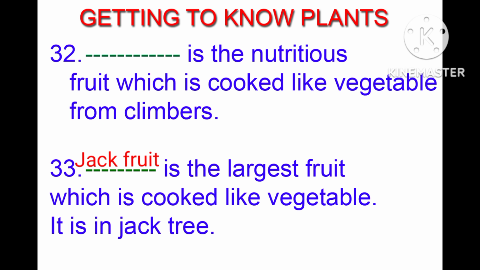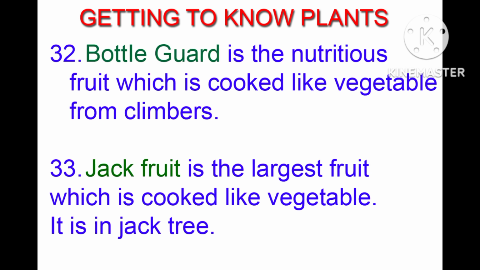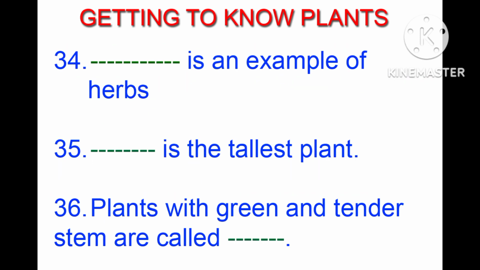The answer is jackfruit. 34th question. Dash is an example of herbs. The answer is banana plant. 35th question. Dash is the tallest plant. The answer is redwood.